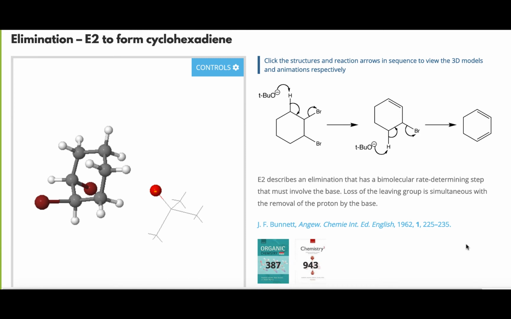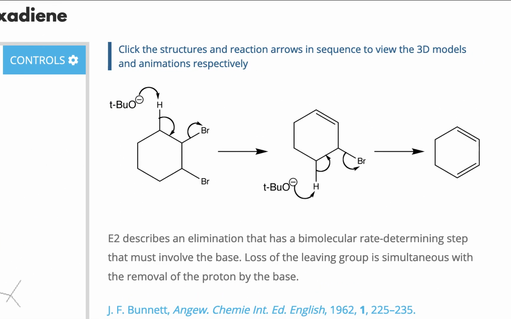So here's the reaction that we're going to look at. First, let's start by zooming in on the reaction to make sure we understand what's going on. I'm going to add in a couple of lone pairs here on our base and on the bromine so we can follow what's going on. Okay, so let's follow the arrow here.